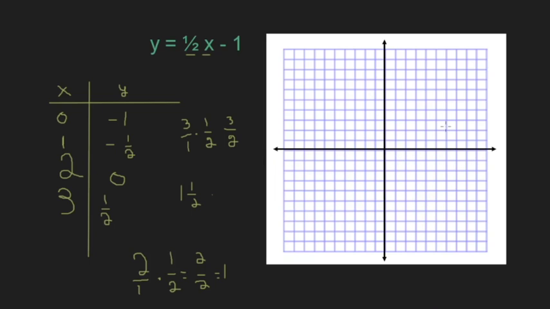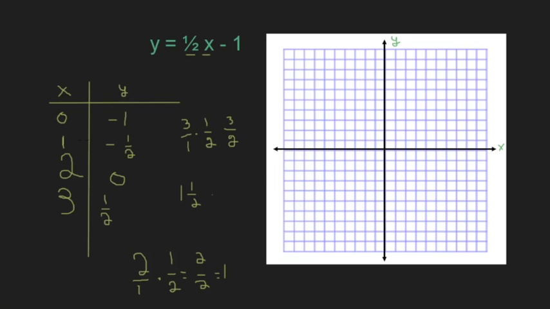If you don't know already, this horizontal line right here is called the x-axis, and this vertical line is called the y-axis. So y is the vertical direction, and x is the horizontal direction.